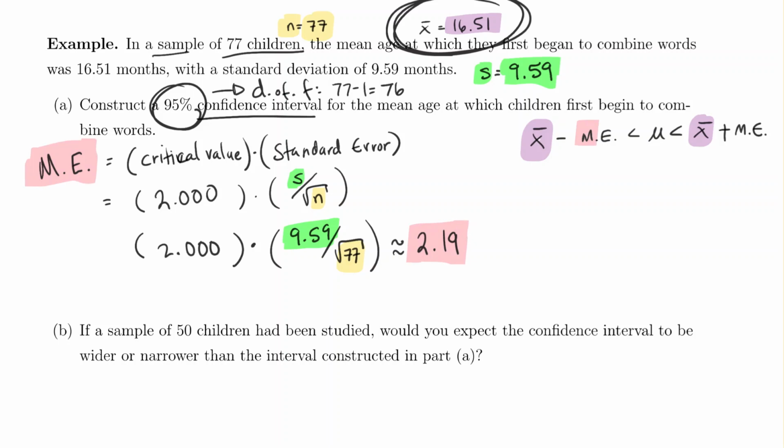Now the margin of error is subtracted from the sample mean and added to the sample mean to get my confidence interval. So putting this all together, 16.51 minus the margin of error. Our population mean is between these two values, 16.51 plus the margin of error.